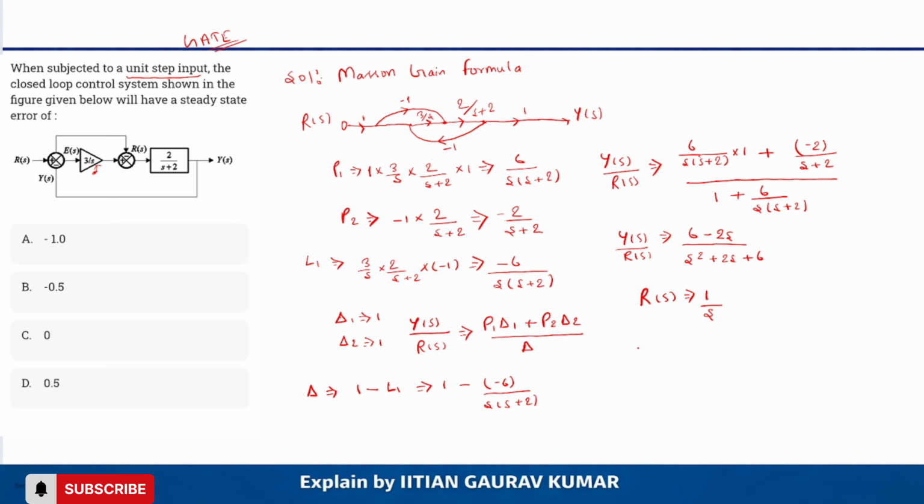So we can write Y of s equal to R of s into 6 minus 2s divided by s squared plus 2s plus 6. Basically I am cross multiplying. Now we have to remove some portion of this solution because space is not there.